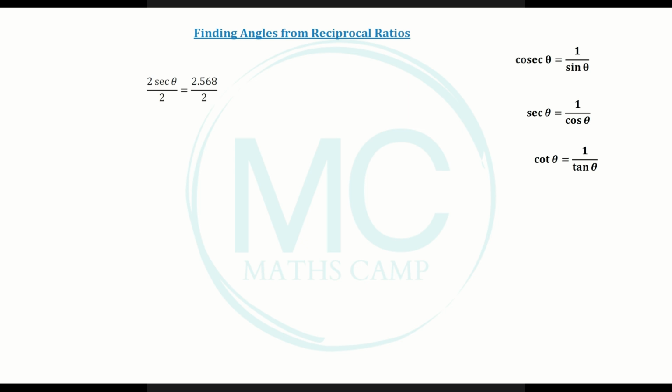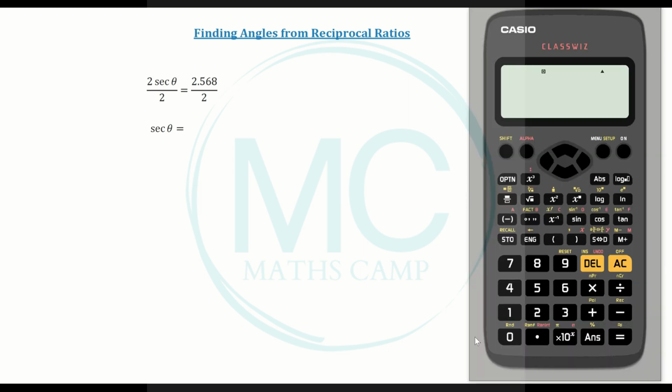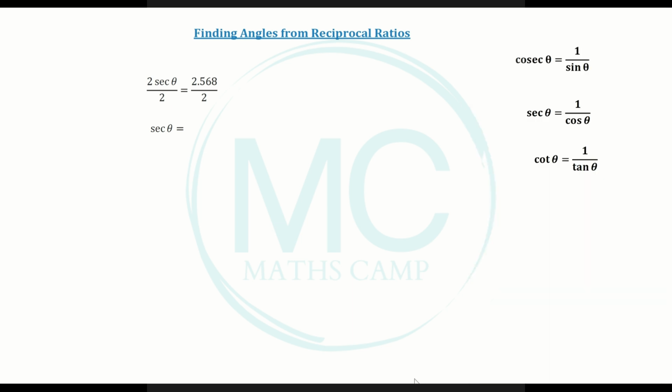Now on the left, we're left with sec theta is equal to, let's take our calculator, 2,568 divided by 2 is equal to 1,284. And we can make a note of this over here. Sec theta is actually equal to 1 over cos theta. So now we can rewrite our equation. And we can say 1 over cos theta is equal to 1,284.